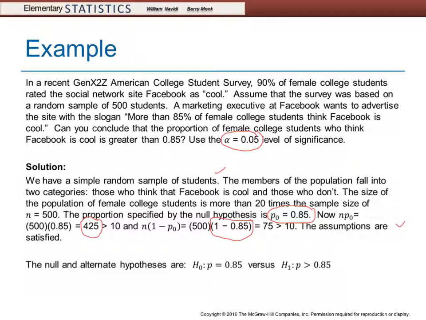So we now can use the sampling distribution for p hat to calculate our hypothesis. So we develop our null and alternative hypothesis. One is H0, p is equal to 0.85, and H1 is p is greater than 0.85.